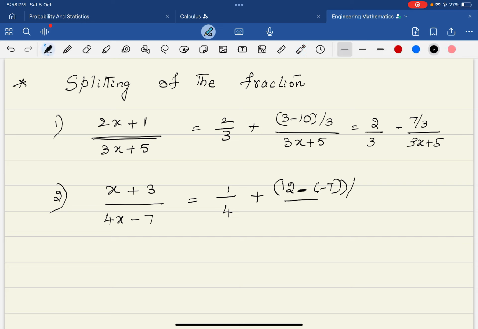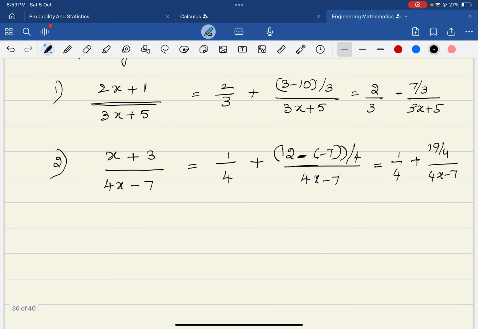The x coefficient we have to write, which is equal to 4, whole divided by 4x minus 7. So how will you rewrite this? 1 over 4. Now it is 12 plus 7 is 19. So it is 19 over 4 over 4x minus 7. Like that you can split it.